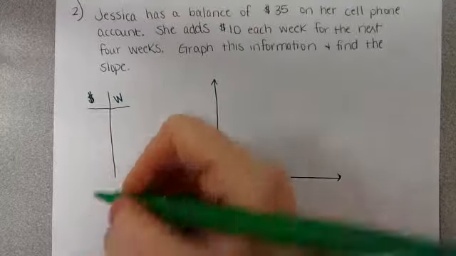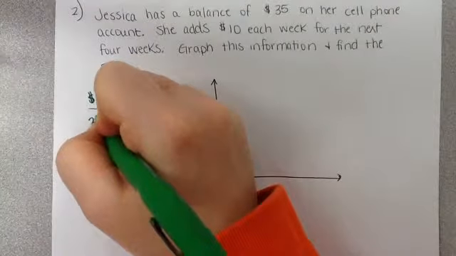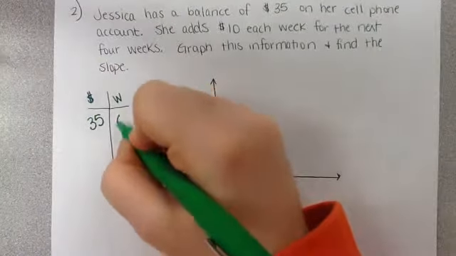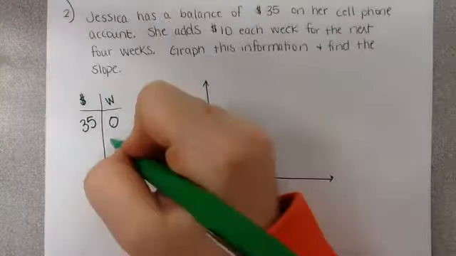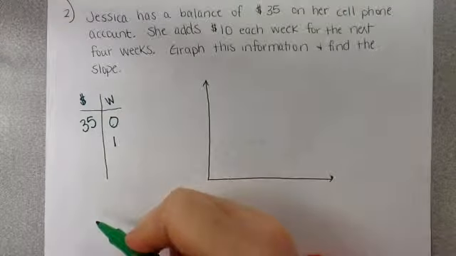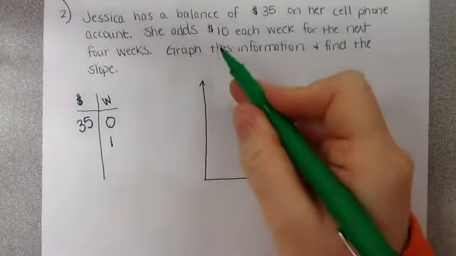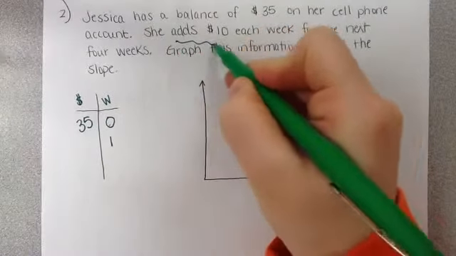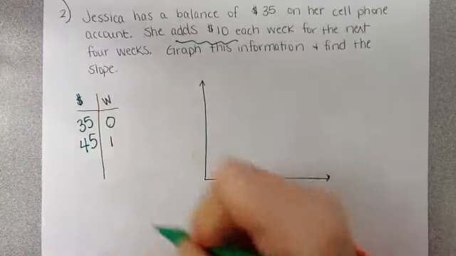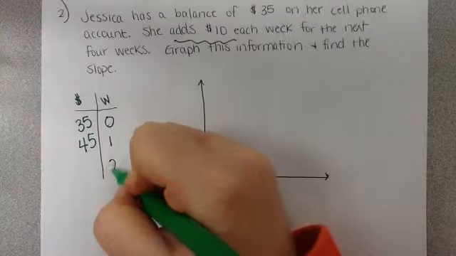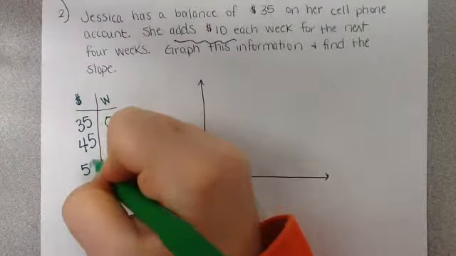We have $35 to begin with, so that's $35 week 0. That's our starting point. After 1 week, how much will she have? Add $10 each week. So after 1 week, we add $10. That is $45. After 2 weeks, we will have $55.